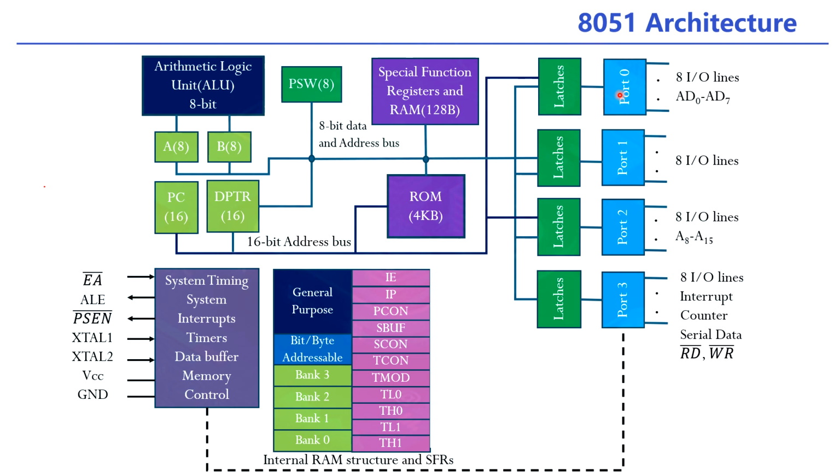Each behaves in a different way based on its mode of operation, standalone mode as well as extended mode. And the system timing and control unit provides the required timing information, as well as some control signals, for the required operation. So this is the architecture of the 8051 microcontroller.